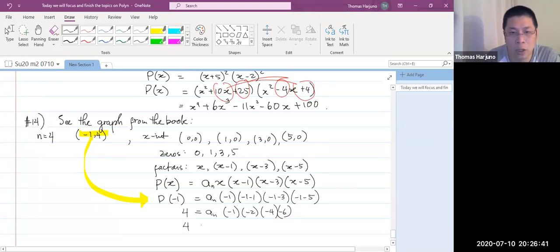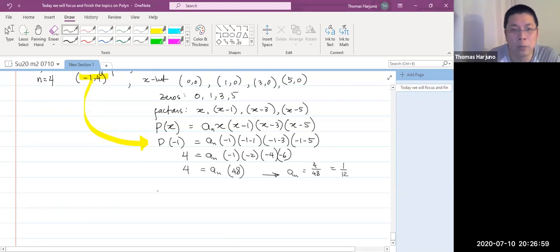It's 4 equals the leading coefficient times positive 48, such that the leading coefficient is 4 over 48, which is 1 over 12. So now my polynomial is 1/12 times x(x minus 1)(x minus 3)(x minus 5). Let me FOIL this. Okay, I will do this last.